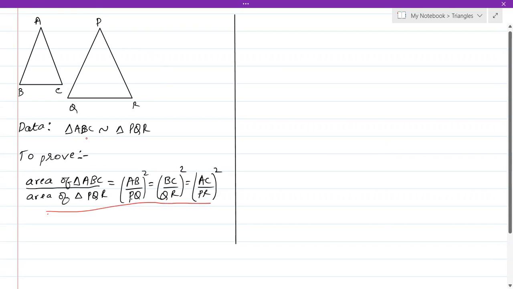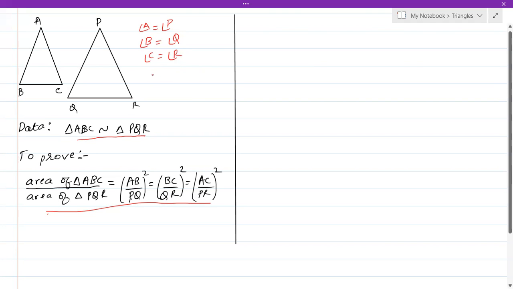Okay. Now, since they have given that the triangles are similar, we can write this, isn't it? Corresponding angles are equal. That is, angle A will be equal to angle P, and B will be equal to Q, and C will be equal to R. You can write all these things because the triangles are similar.